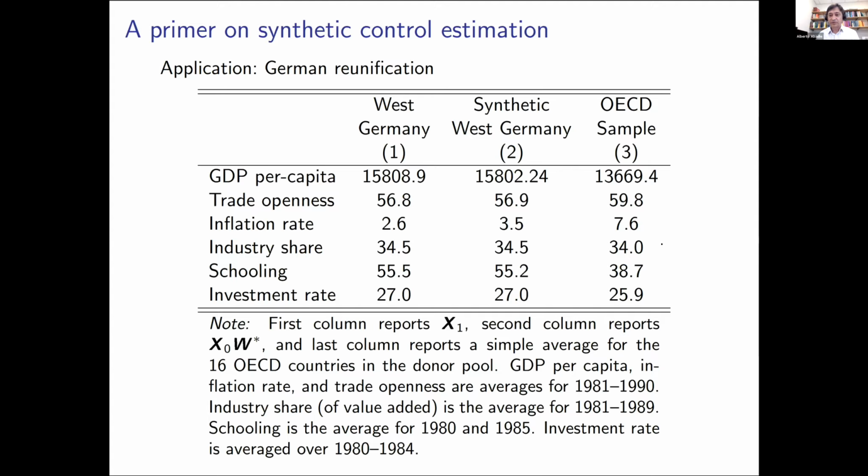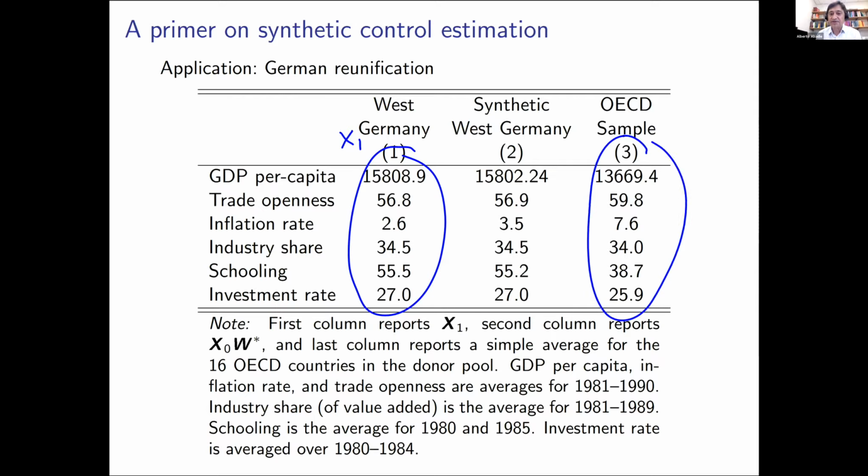Okay, so what is X1 in this case? So we have here X1. These are predictors of economic growth that are typically used in the literature, and these are the values that we observe for West Germany, and these are the values here that we observe for the OECD sample.